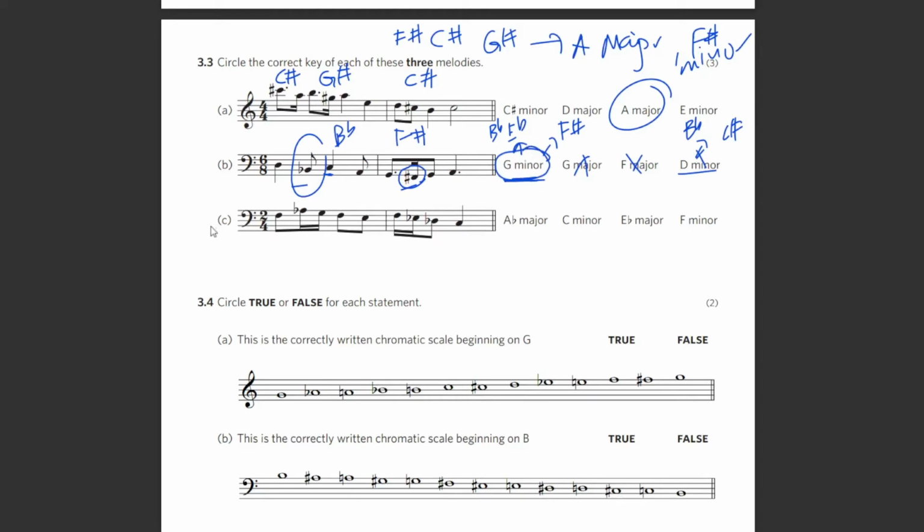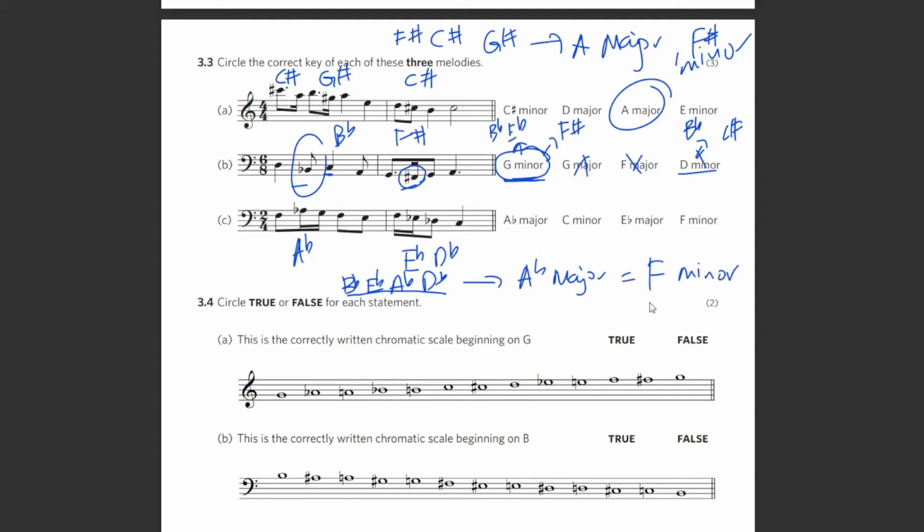Okay. Let's look at 3.3c and determine the key of this melody. So let's first write out: this is A flat, this is E flat, and this is D flat. If you have A flat, E flat, D flat, you will think of it as B flat, E flat, A flat, D flat. Then you'll know that it's either A flat major or F minor.